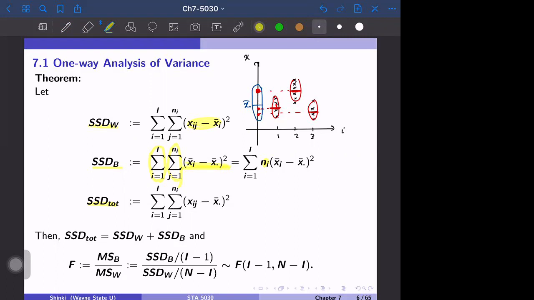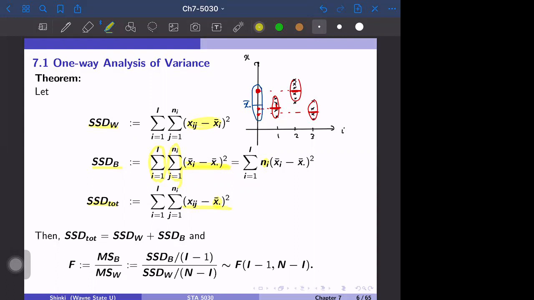And the sum of squared deviation total is equal to this. It is just the distance between each observation, each black cross, and the entire overall mean, x bar dot. Then we take the summation over all ij.